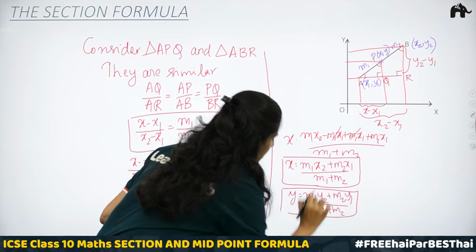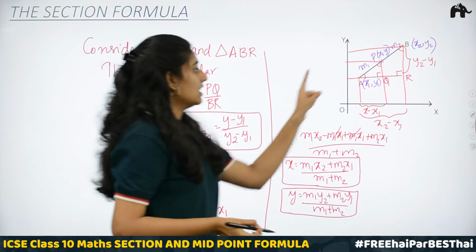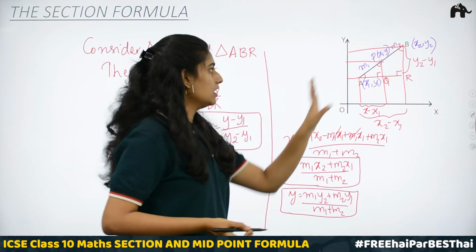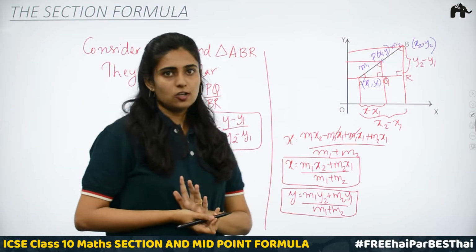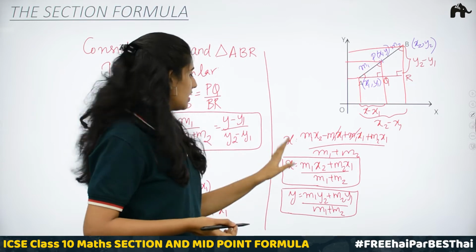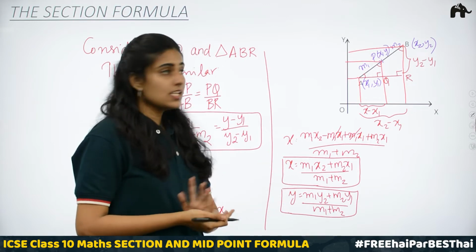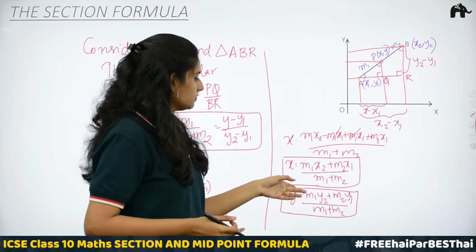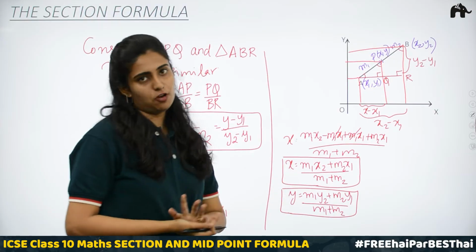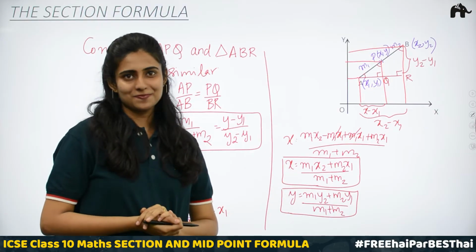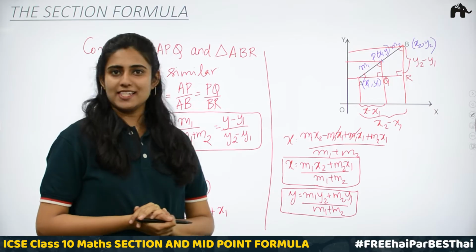These are the coordinates of the point which divides the line joining AB in the ratio m1:m2. Got it? Understood how we can derive the x and y coordinates of the point using which we get the section formula. Clear? Now let us solve some examples.